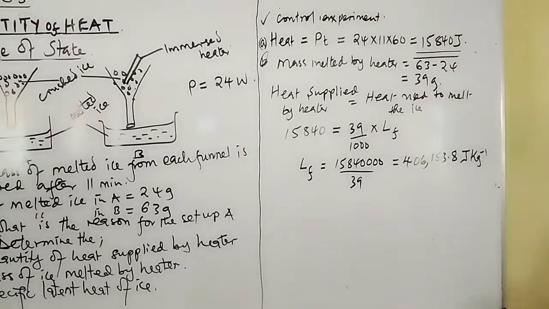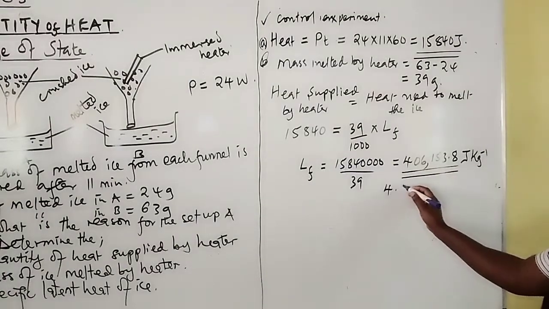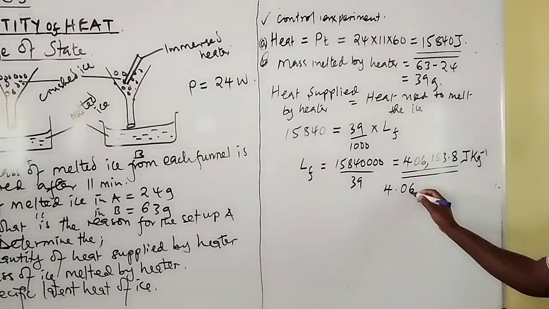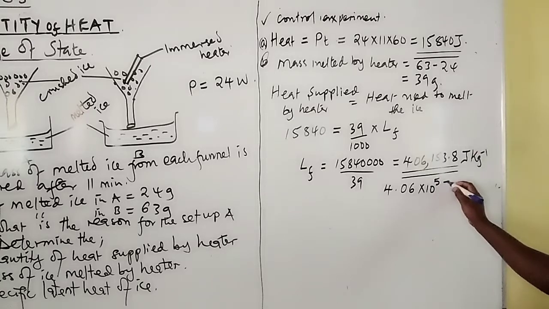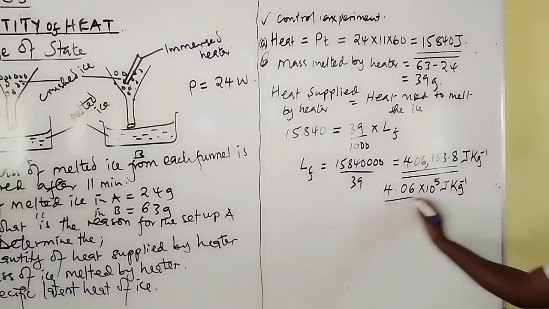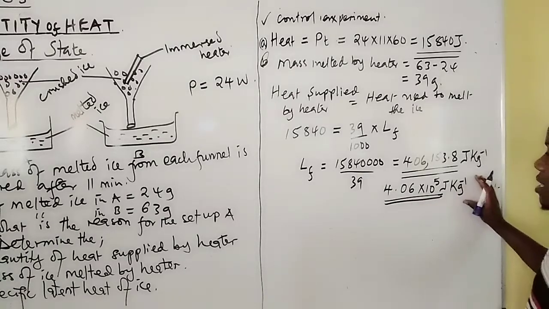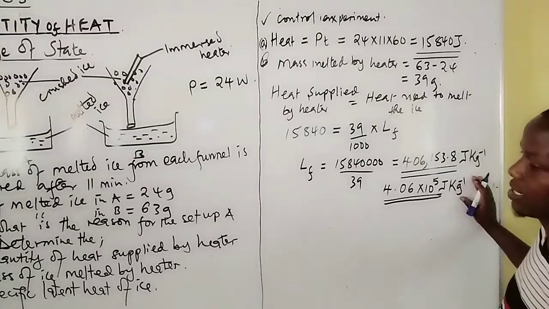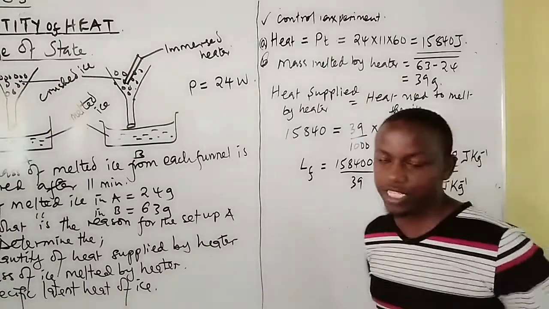Written in standard form, this is 4.06 times 10 to the power of 5 joules per kilogram. So this is the specific latent heat of ice according to this experiment.